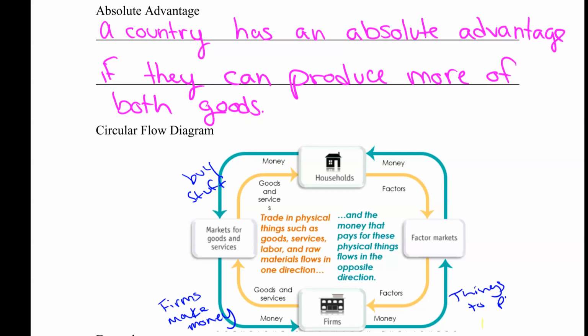So remember, that's going to be your land, your labor, your buildings, the physical capital, the land, and the human capital. And then the money that goes back to households is going to come in the form of labor / wages. So this is how the money circulates through the economy.